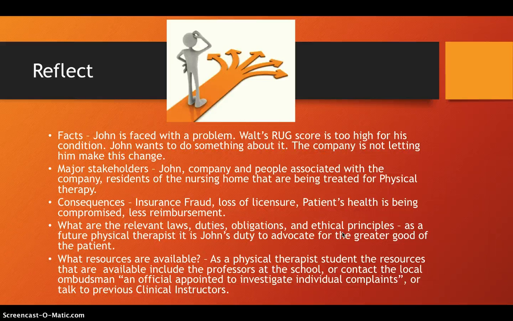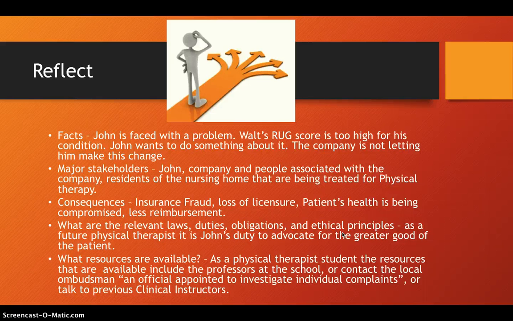This is affecting other residents at this nursing home. And the consequences are pretty serious. We have to look at insurance fraud, loss of licensure for the people that work there, not just PTs, but everyone. This fraud is a pretty serious thing, and putting all the laws and rules aside, we're really putting the patient at risk and not putting the patient and their health first.